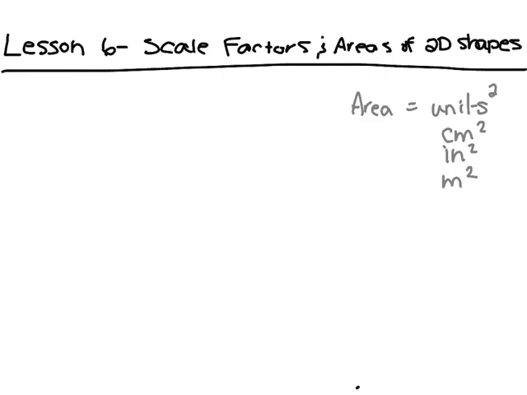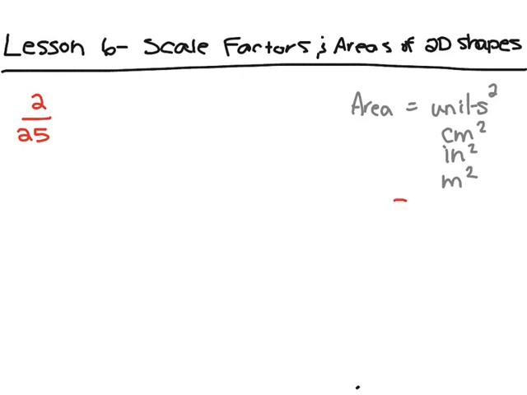So we're going to solve with a scale factor of an area. Example 1. You are making a kite from a 2 to 25 scale diagram. The area of the scale diagram is 20 centimeters squared. How much fabric do we need for the kite?